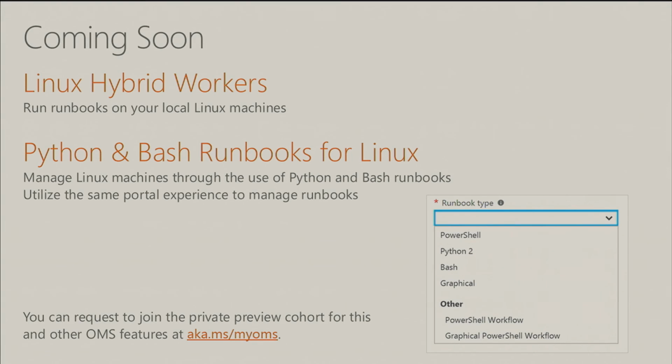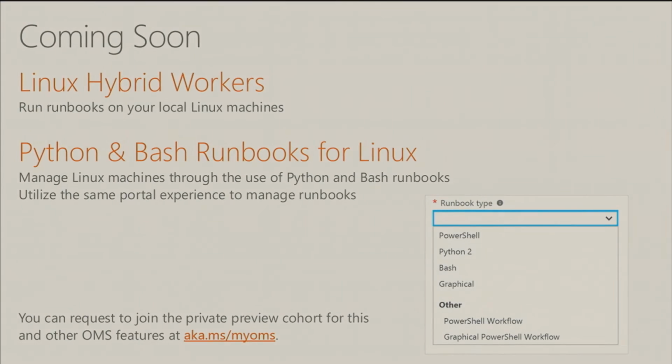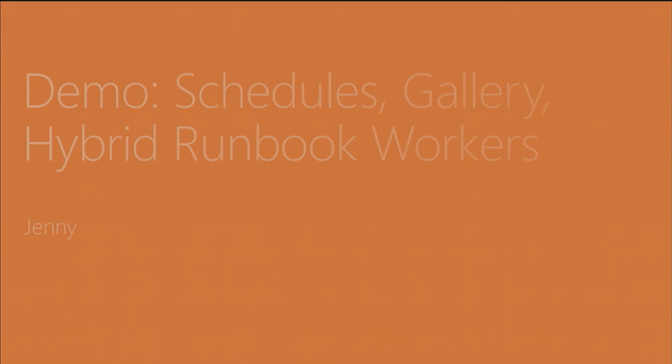So you get that same experience of editing in the portal for these new runbook language types. There's no timeline for when this will be available, but if you'd like to join the private preview for these features or other OMS features, you can go to aka.ms/myoms. So now I'm going to do some demos.